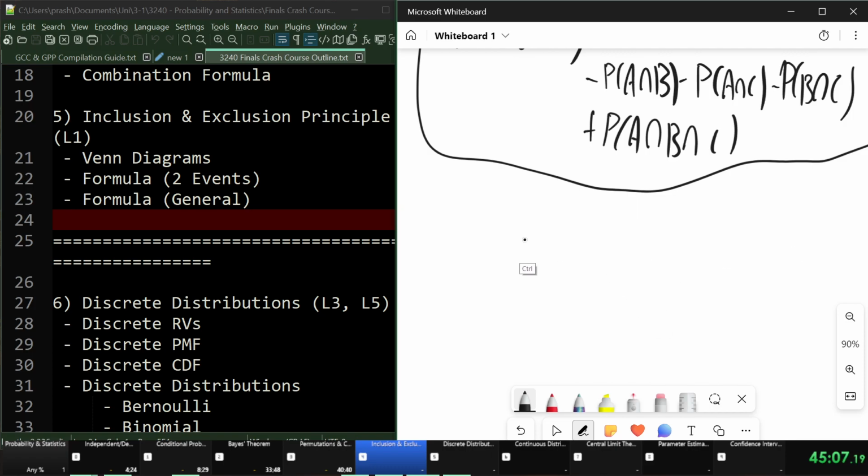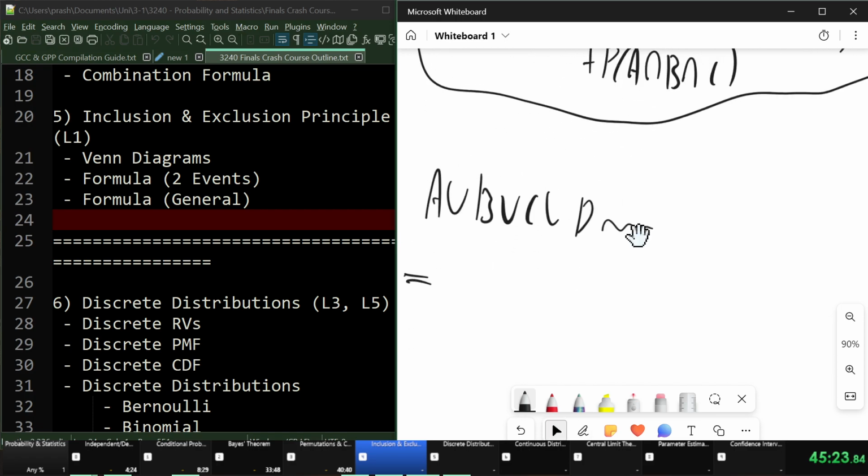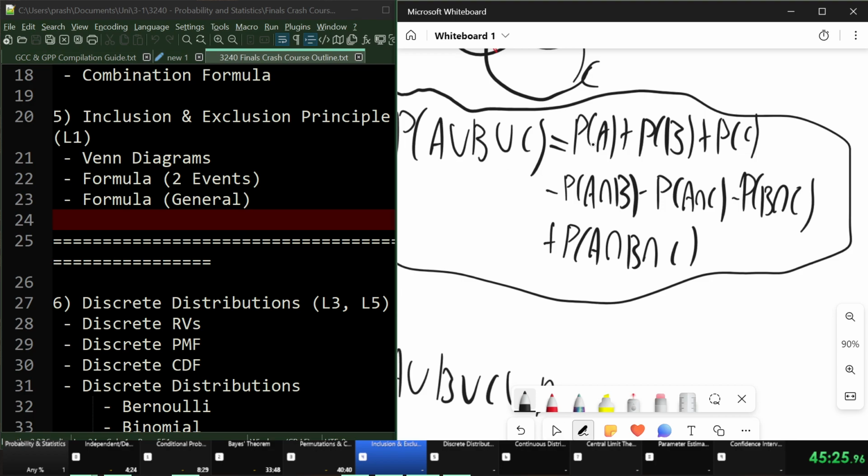Basically, if you're trying to find A union B union C union D union whatever, it is the same principle as we've described earlier. Here we've got 1 event in our brackets, here we have 2 events in our brackets, and here we have 3 events in our brackets.